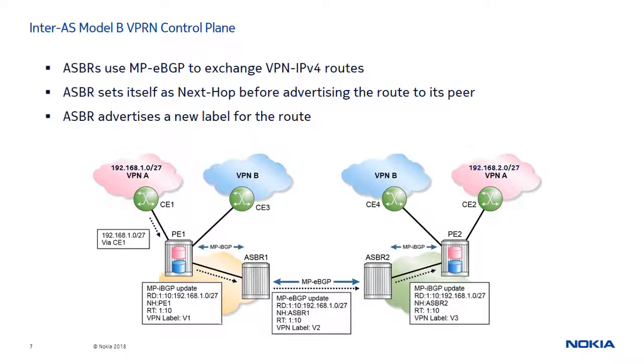Next, ASBR2 assigns a new VPN label v3 and propagates the route to PE2 using MP iBGP. And finally, PE2 accepts the VPN IPv4 route into the customer VRF and distributes the IPv4 route to CE2 via the configured PE to CE protocol. It is important to note that the route target never changes throughout the route propagation process.